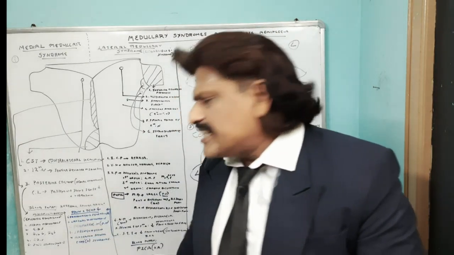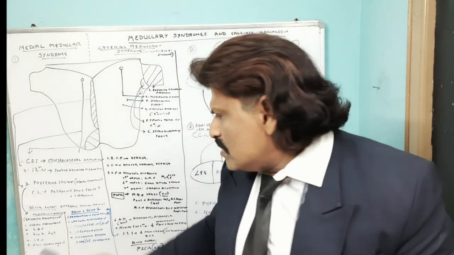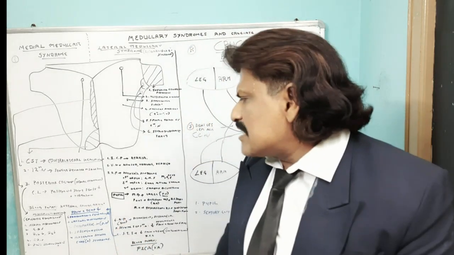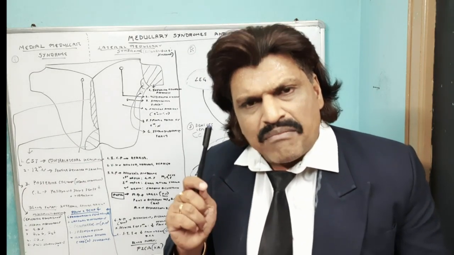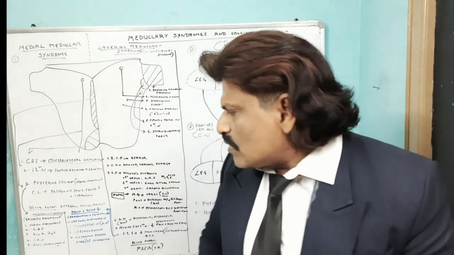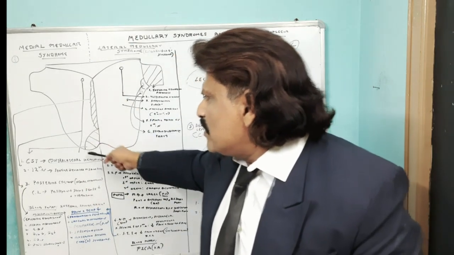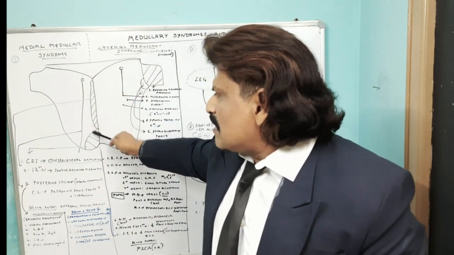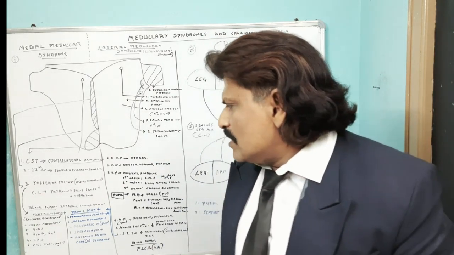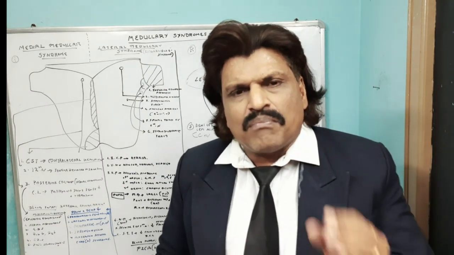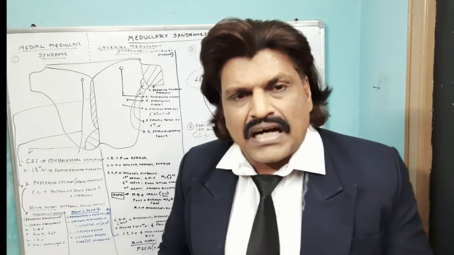So the conditions where the protopathic sensations are spared but epicritic sensations are lost are: 1. The medial medullary syndrome, wherein the posterior column, which is placed in the medial part of the medulla oblongata, gets affected.